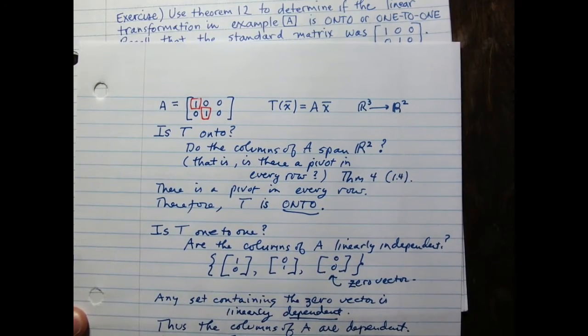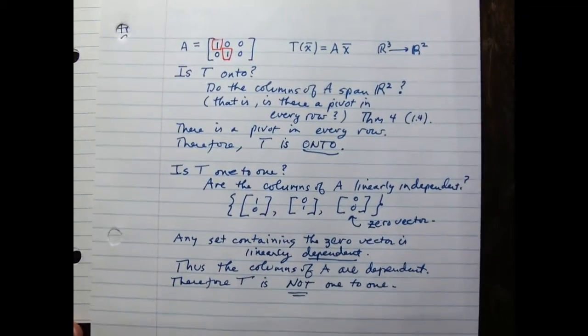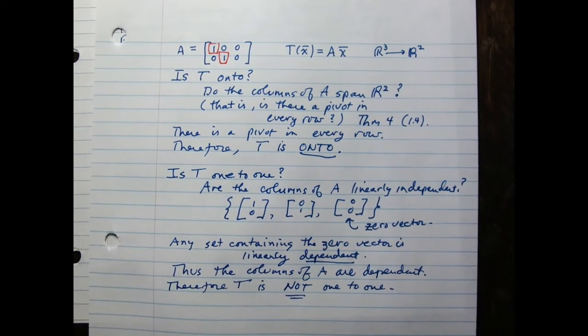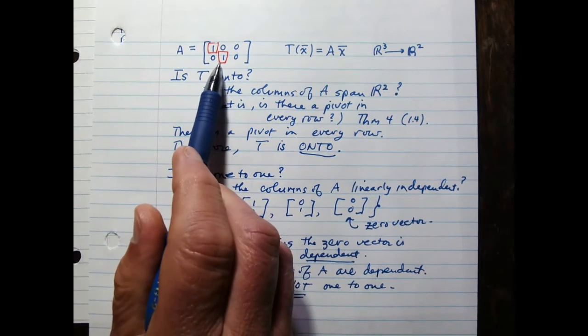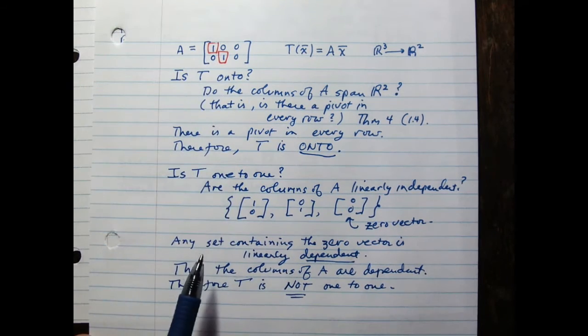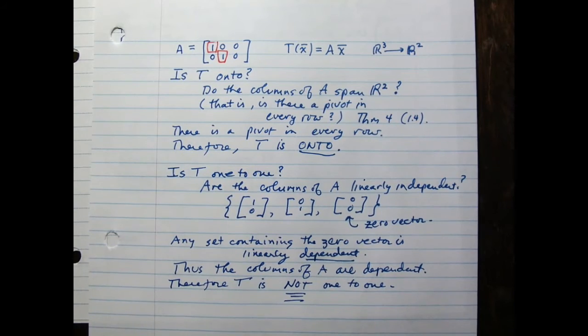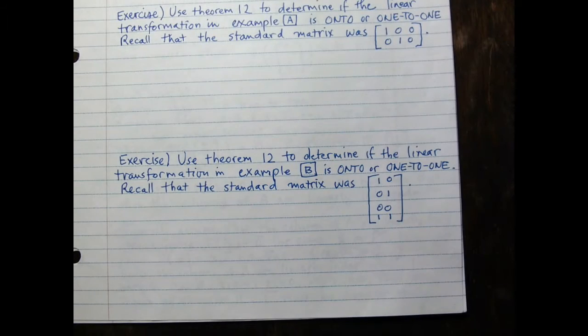So the conclusion here is that it's really easy applying Theorem 12 to determine whether this linear transformation with matrix A is onto or one-to-one. It is onto, it's not one-to-one. Now let's move on to the next exercise.